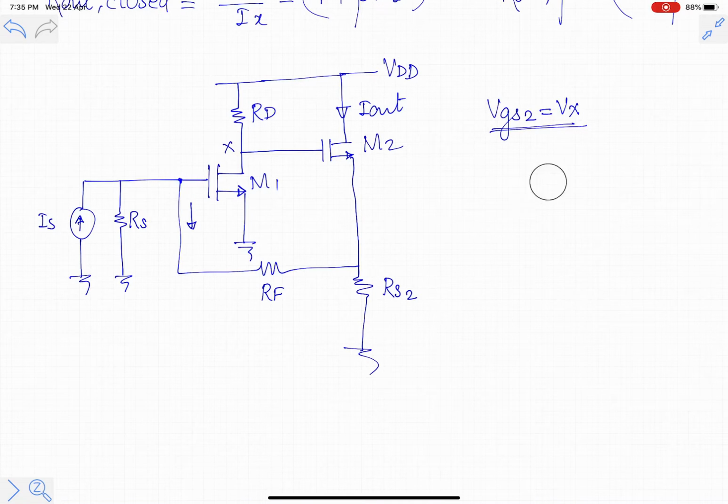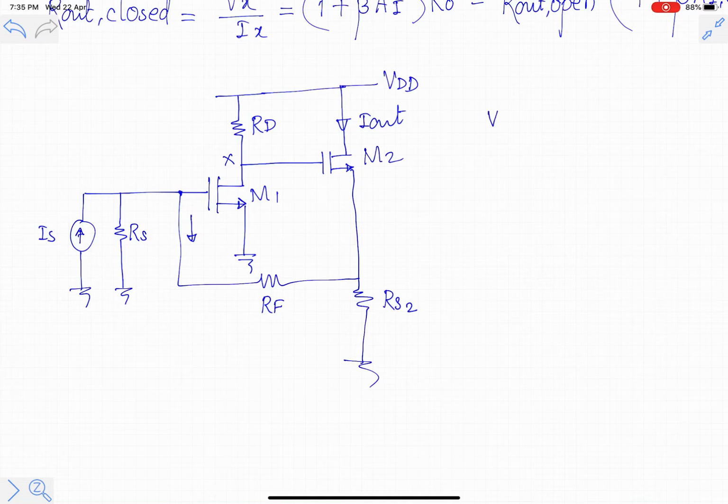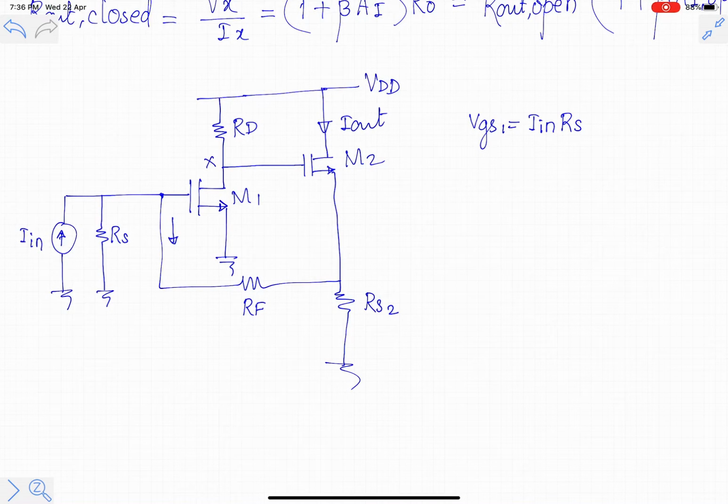So under this assumption, we will see here the voltage VGS1 will be equal to I in into RS. I will call this I in instead of IS. I in into RS is VGS1, and we know that M1 and RD form a common source amplifier without source degeneration.